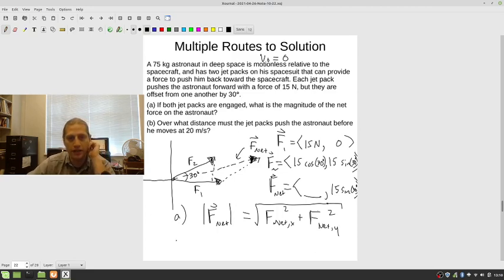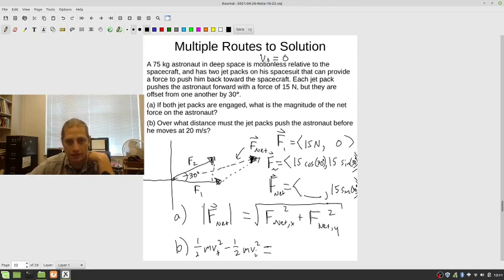Then part B asks, over what distance must the jetpacks push the astronaut before he moves at 20 meters per second? Well, the easiest way to do this is with your impulse or with your work energy theorem, where you have your kinetic energy final, so your 1/2 mv final squared minus 1/2 mv initial squared equals the amount of work that's been done.